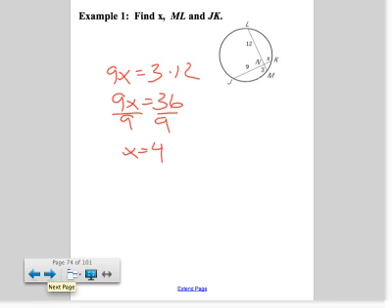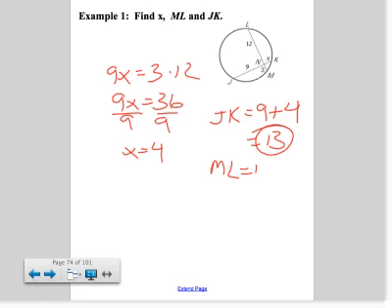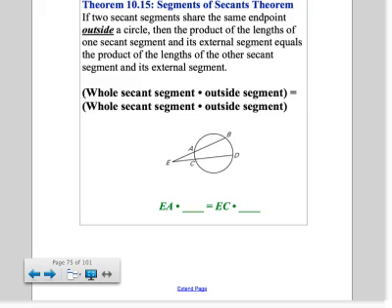So if X is 4, then it should make sense that JK equals 9 plus 4, which is 13. And ML is pretty simple. All you're going to do is add your 12 and your 3, so ML is 12 plus 3, which we all know is just 15. So again, pretty straightforward examples as we look at this theorem for the first time.